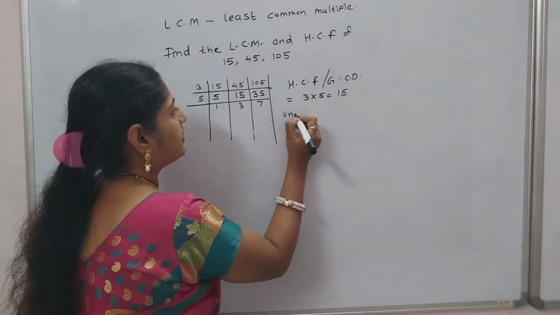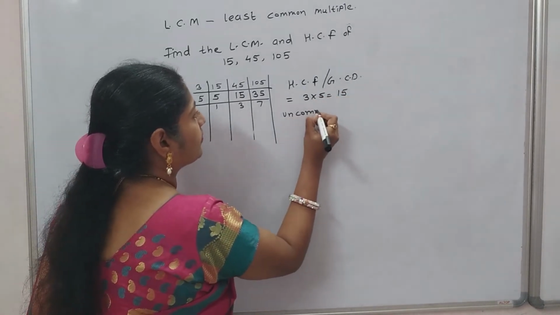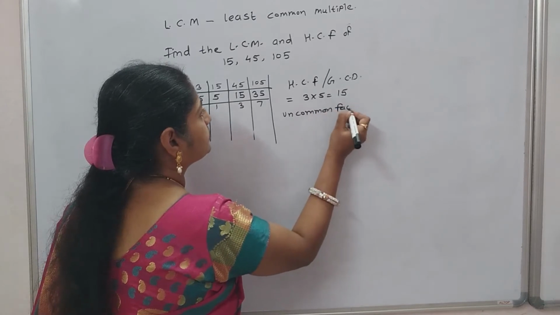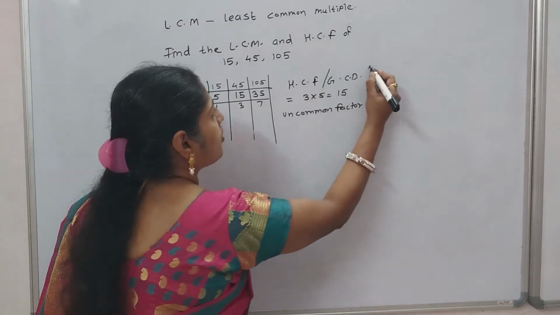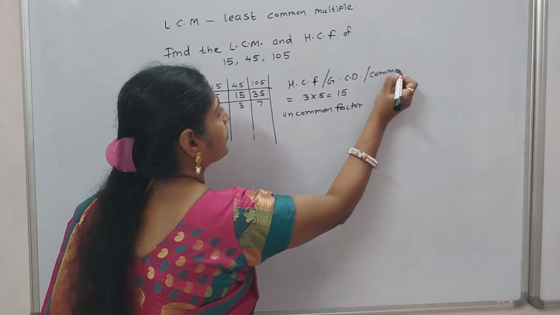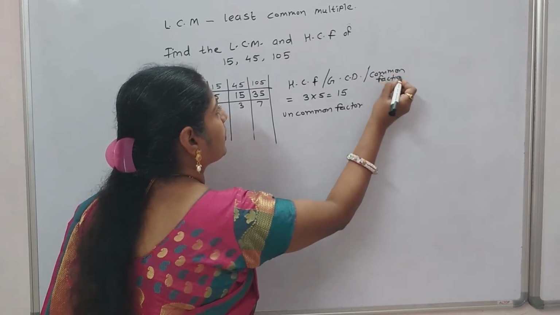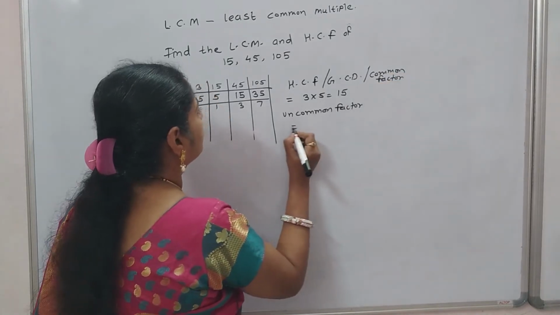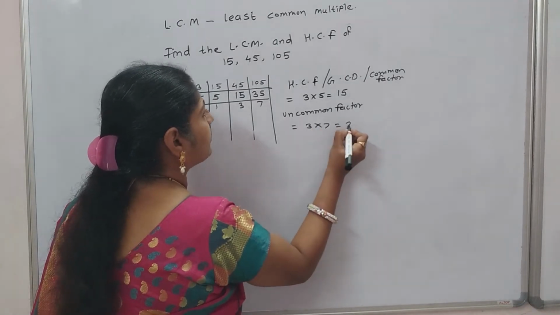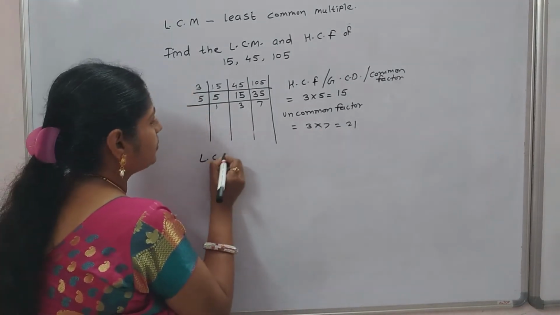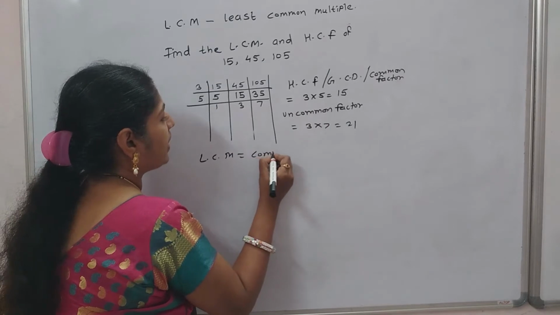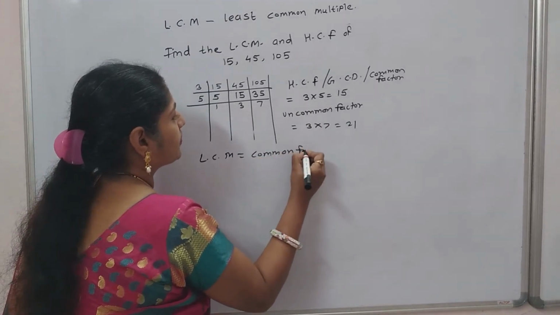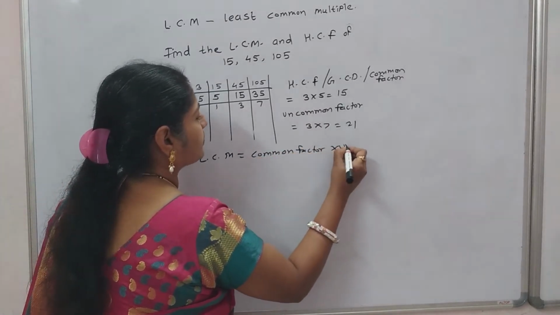Now the uncommon factors: 3 into 7, 21. Now LCM equals common factor into uncommon factor.